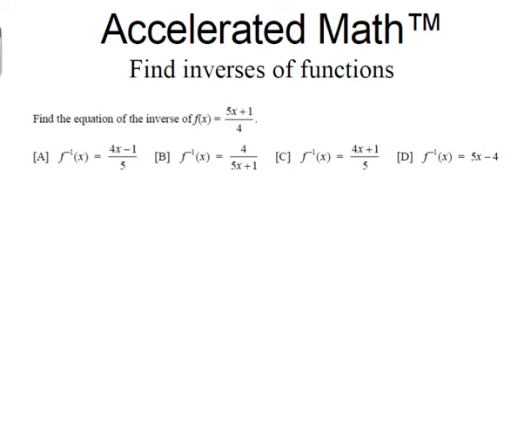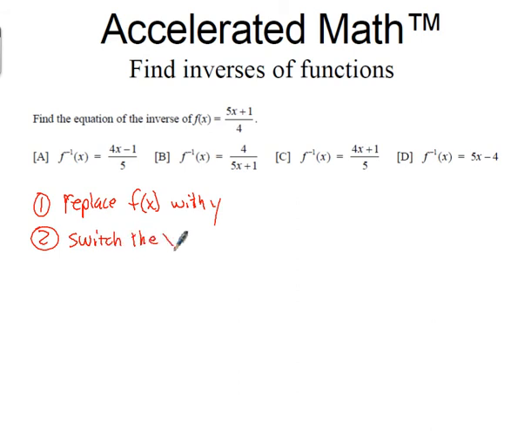There's a nice little set of steps to go through on this, and here's what we're going to do. Number one, we're going to replace f of x with y. Once we do that, we're going to switch the x and y variables, just do a complete switch with them.